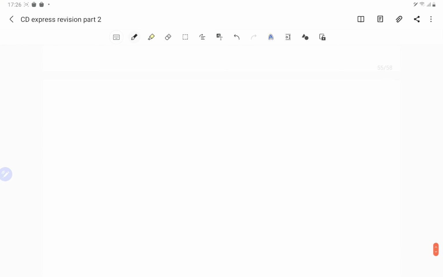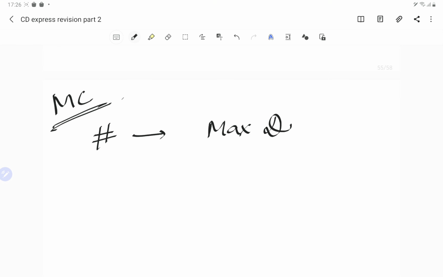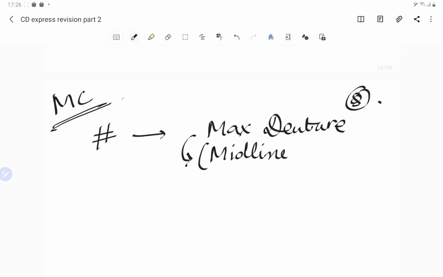Okay. And let's talk about the most common things. So the most common fracture of the denture is the maxillary denture fracture, that too the midline fracture. So if they ask, the most common fracture is the maxillary denture fracture, and the most common fracture in the maxillary denture is the midline fracture.